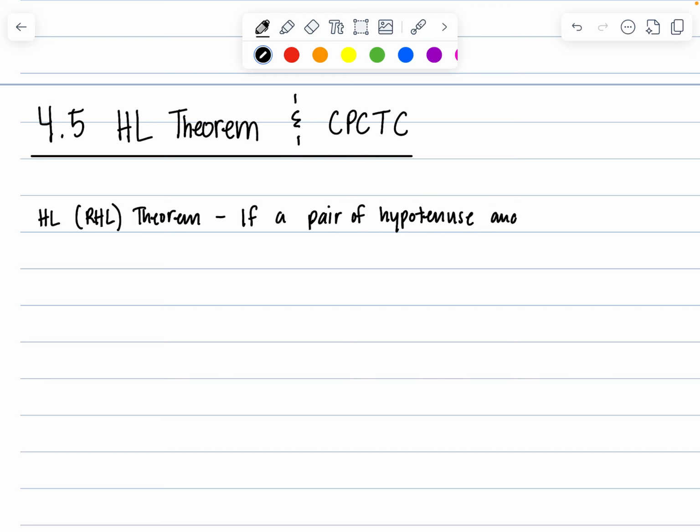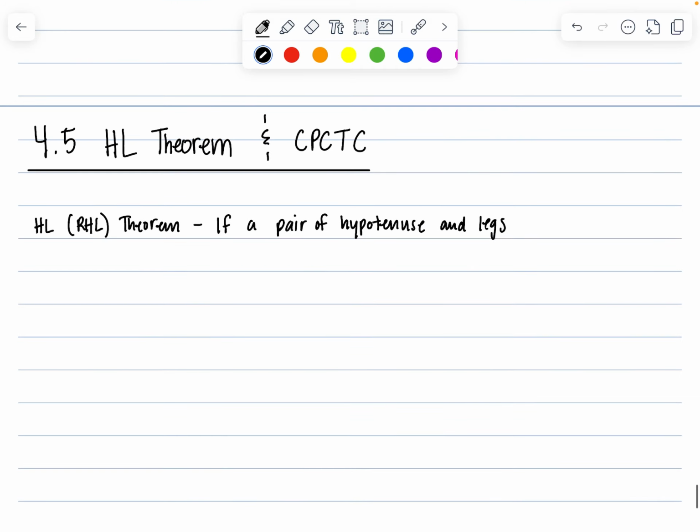So it's a pair of them, and legs between two right triangles are congruent. Then the two triangles are congruent.